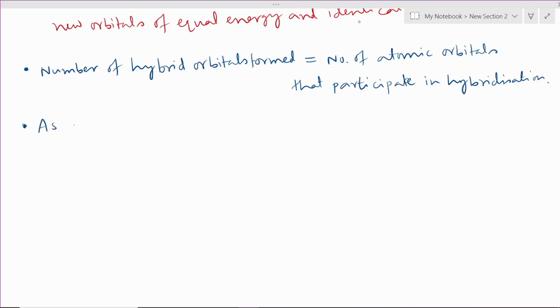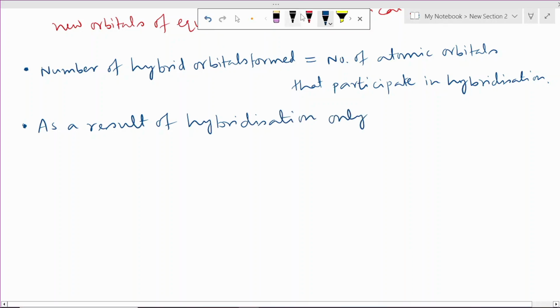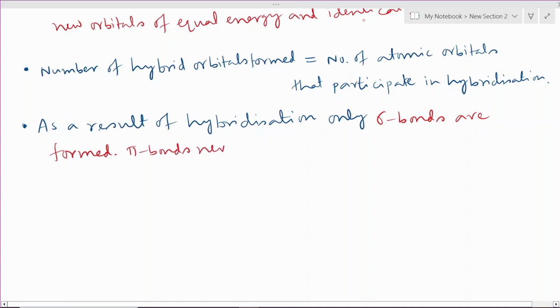Next point is, as a result of hybridization, only sigma bonds are formed. Pi bonds are never formed by hybridization.